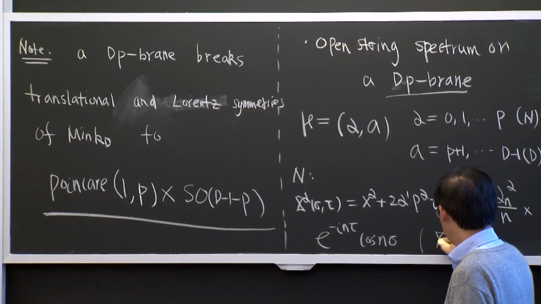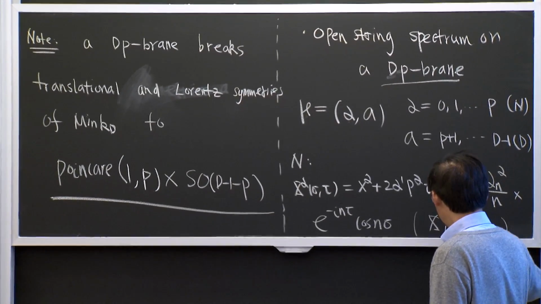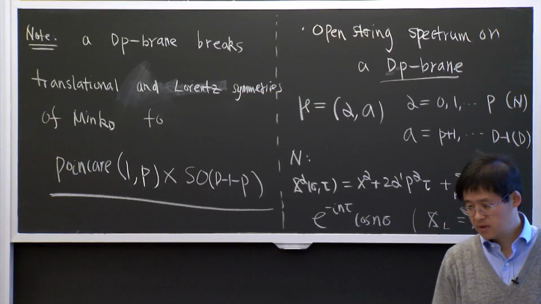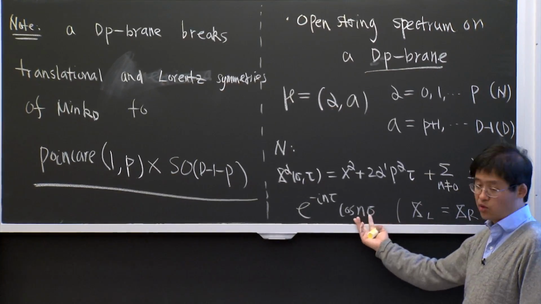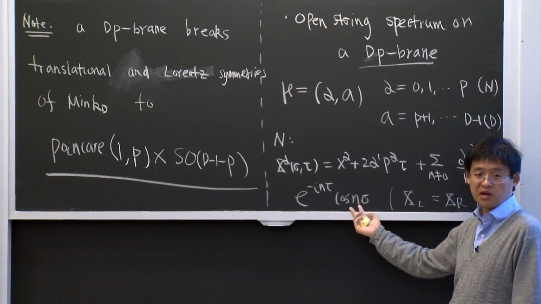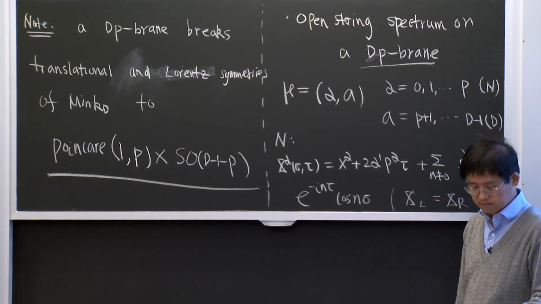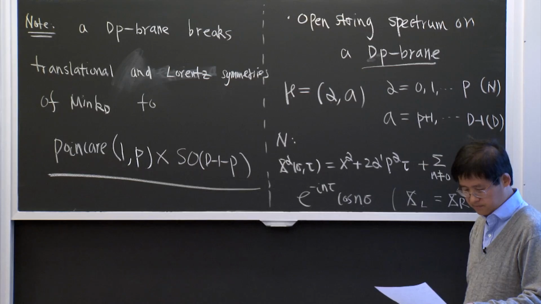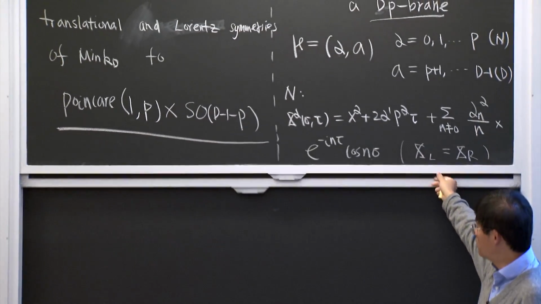In particular, if you remember, you have XL equal to XR. So the left moving and right moving parts are the same, controlled by the same function, and that's why you get this cosine. When you take the derivative in sigma it becomes sine, which vanishes at the endpoint. So this story is exactly identical to before.